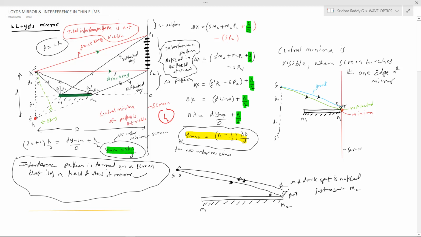Why will that dark spot be noticed here? Just at this particular point, a dark spot will be noticed. Why that dark spot? Because ray 2 and ray 1 will undergo destructive interference.